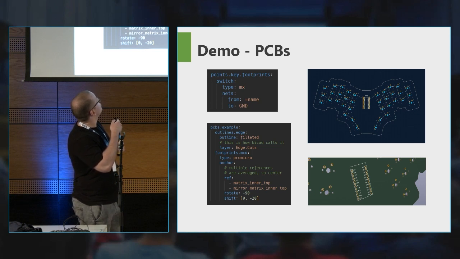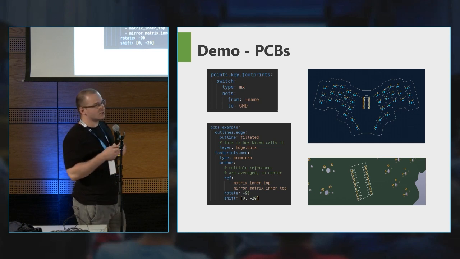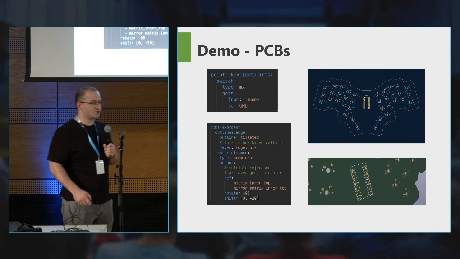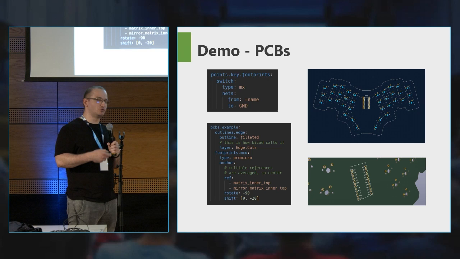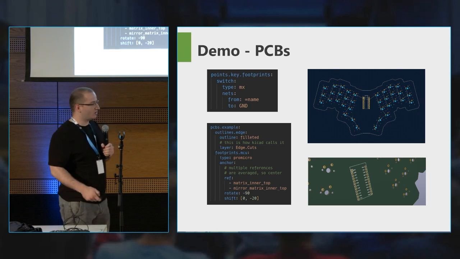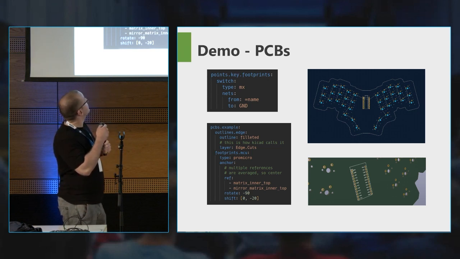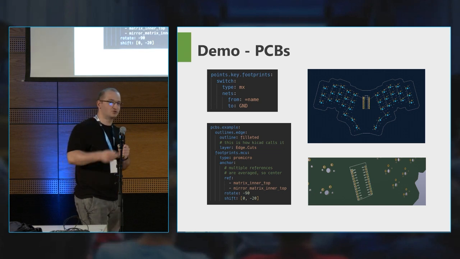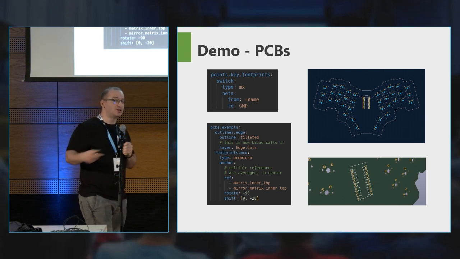Here we define a switch one whose type is MX, which is just the regular mechanical switch MX standard. And it just puts an MX switch footprint at every point. And then we can also declare its net connections right in the configuration, so it knows what it should be connecting to.